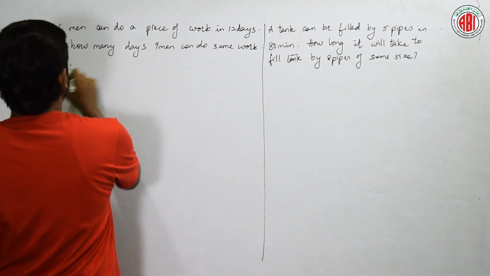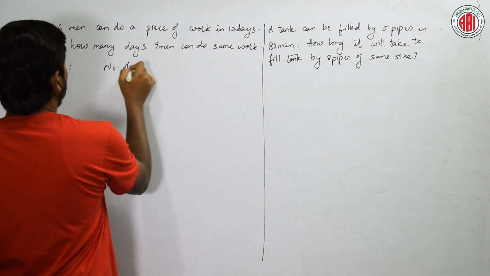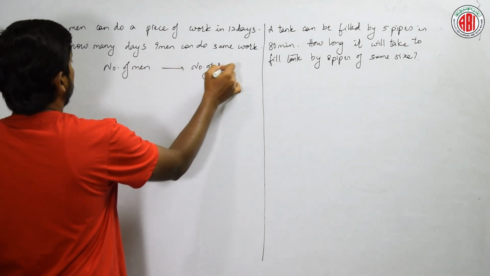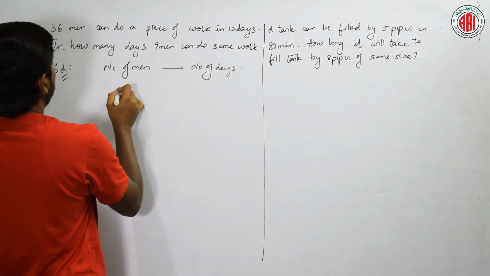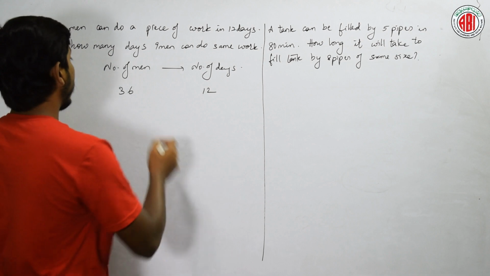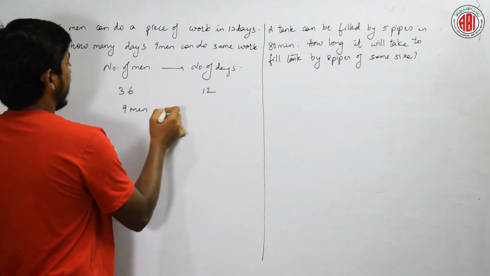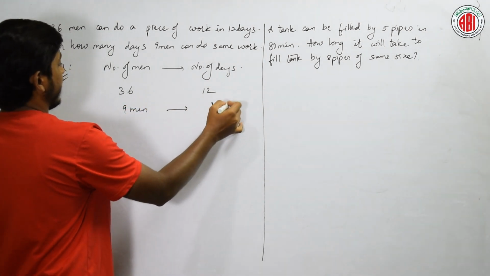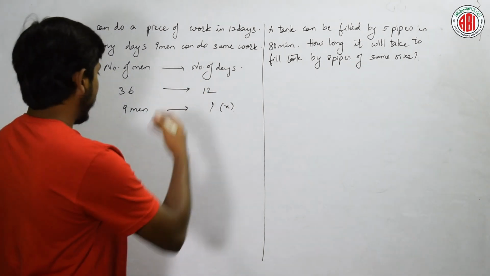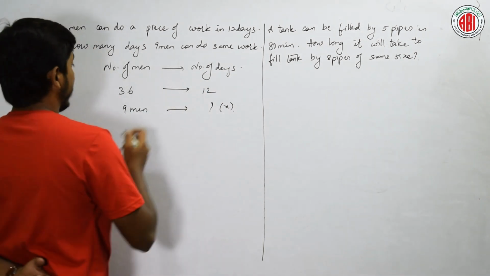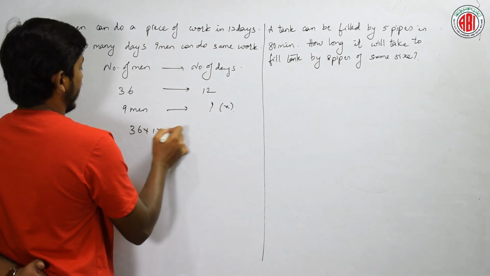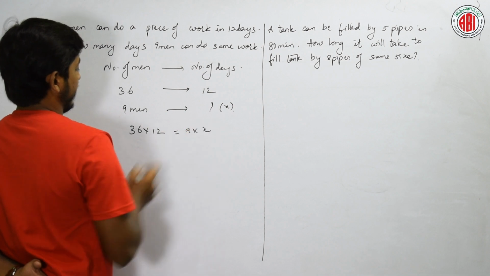Given: number of men, number of days. For 36 men it takes 12 days. Then for 9 men, how many days will it take? Let us assume x. Just tell me, 36 into 12 is equal to 9 into x.